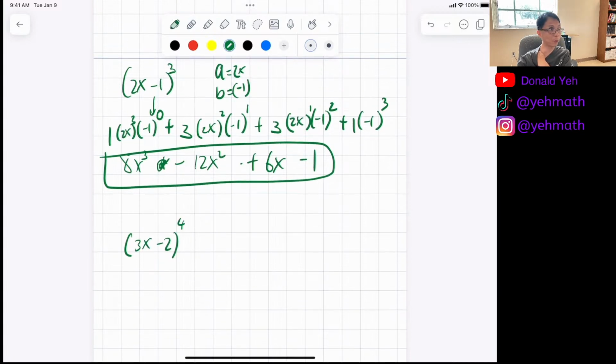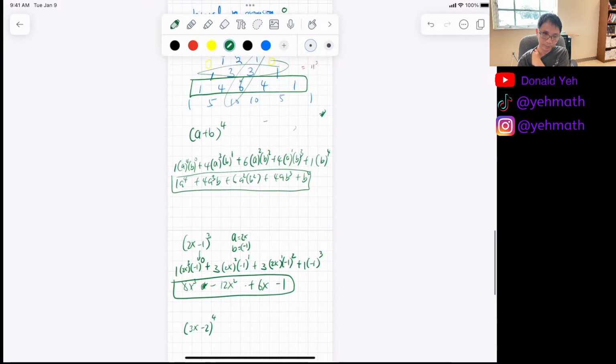I'm going to do it to the 4th power, okay? Normally, you're going to expand 3x minus 2 to the 4th power.